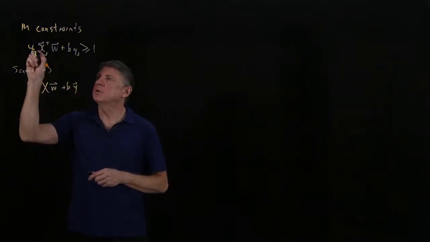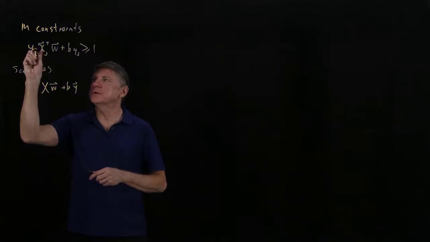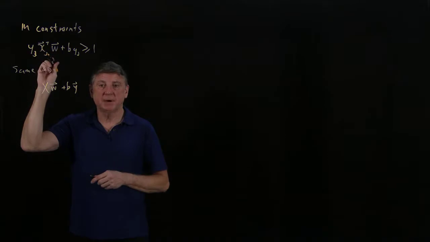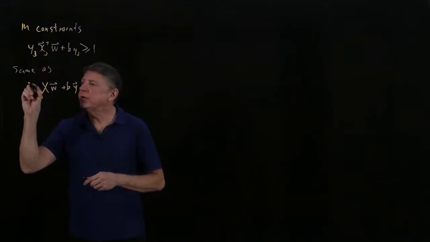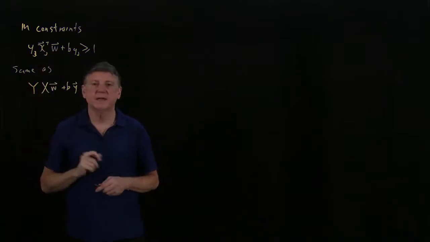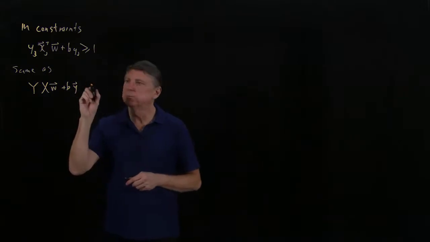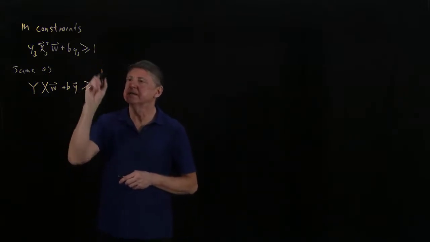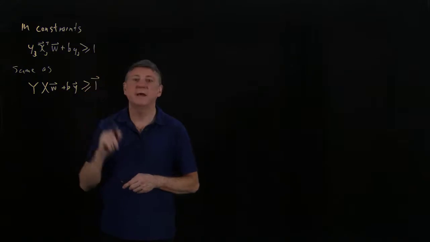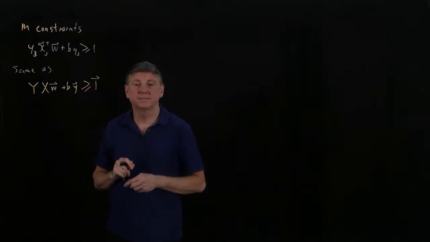And now for all constraints, we want the first constraint to be multiplied by y1, the second by y2, and so on, and we can accomplish that with the diagonal matrix. And then this will be greater than or equal to, instead of a scalar, the ones vector.